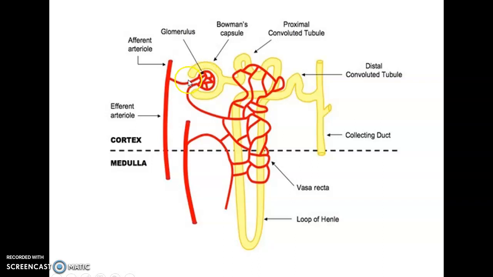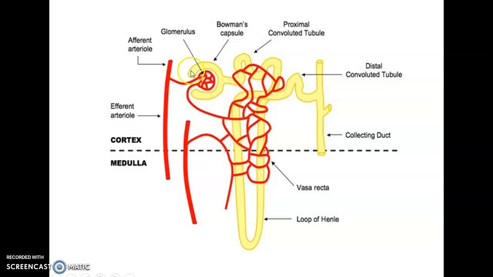So your nephron consists of a blood vessel, that is the glomerulus, and the second part of the nephron is the renal tubule. What you see here in this yellow colored tube-shaped, coiled structure is the renal tubule. The glomerulus along with the tubule forms the nephron.